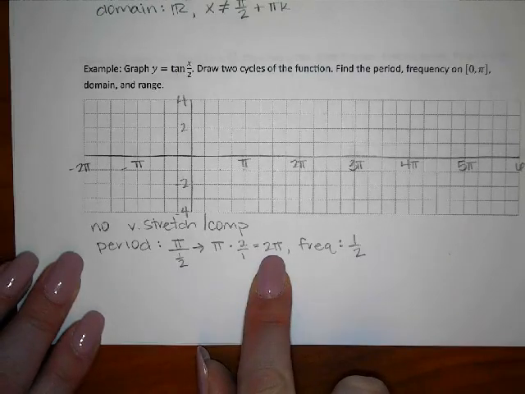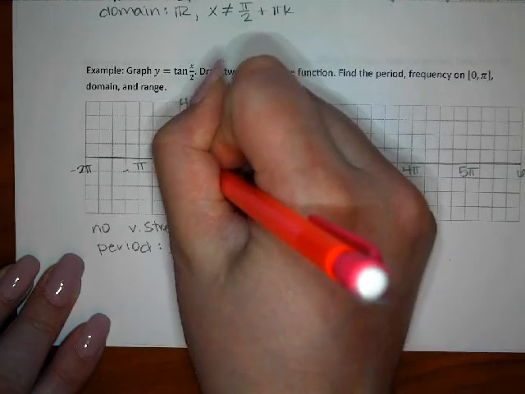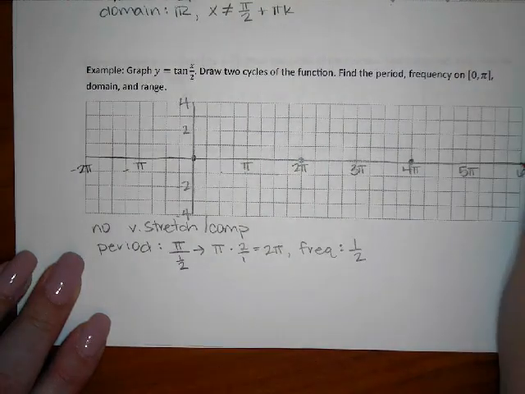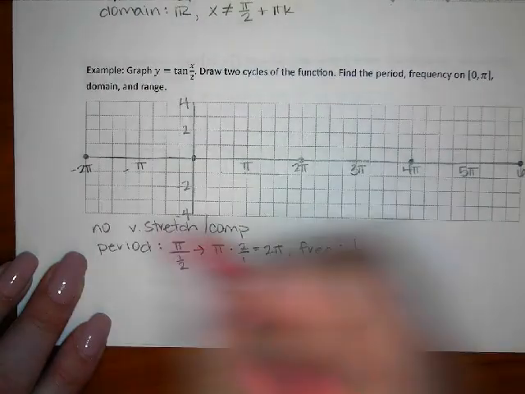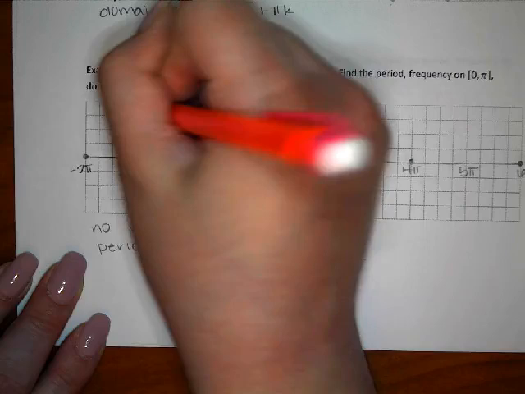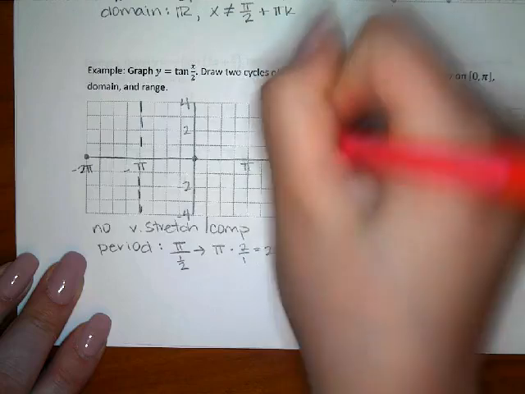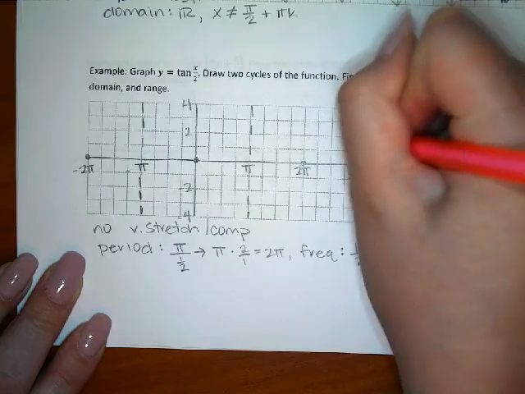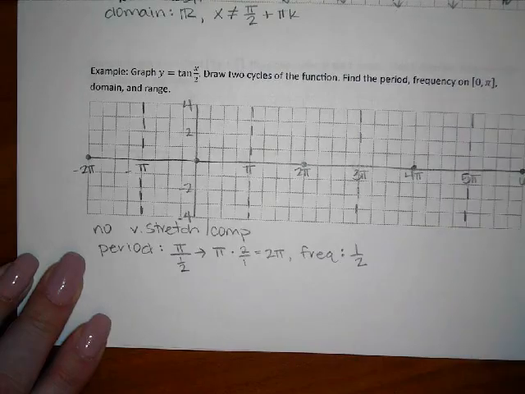So my first x-intercept is going to be at 0, and then at 2 pi, and then at 4 pi, and then at 6 pi, negative 2 pi. And my asymptotes are going to be in the middle of those. So asymptote, in the middle, asymptote. Okay, and then if we look up here, halfway between the x-intercept and the asymptote, we go up to 1.